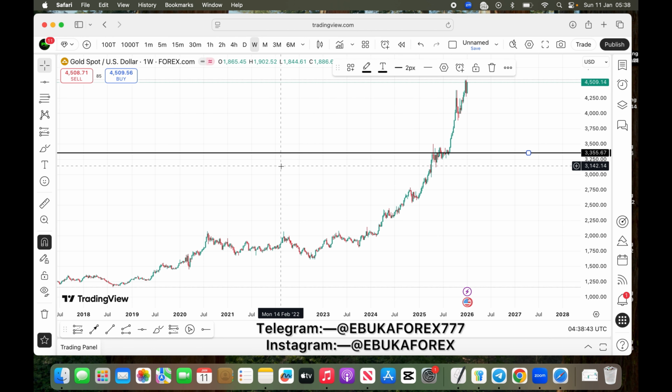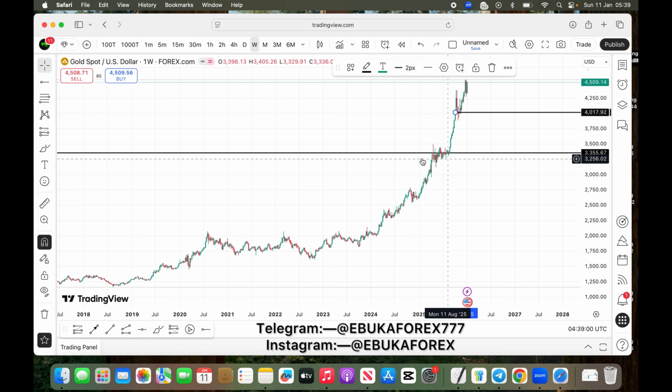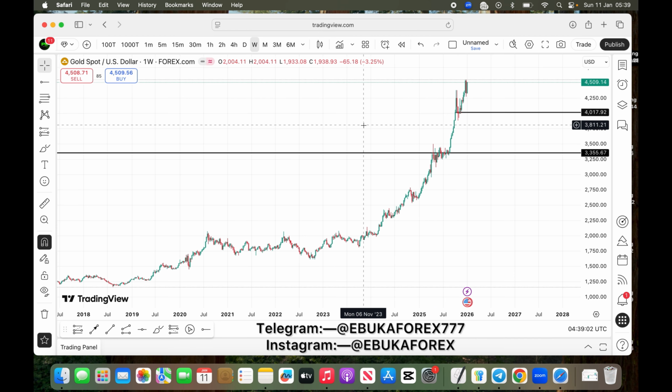But then for you to be able to mark your major key levels, you have to look at the price reactions on the higher time frame, maybe the weekly time frame or the monthly time frame, even the daily time frame as well.